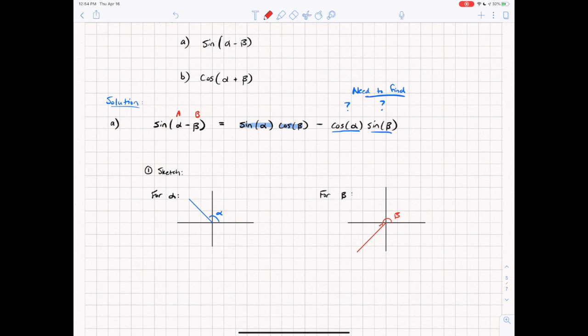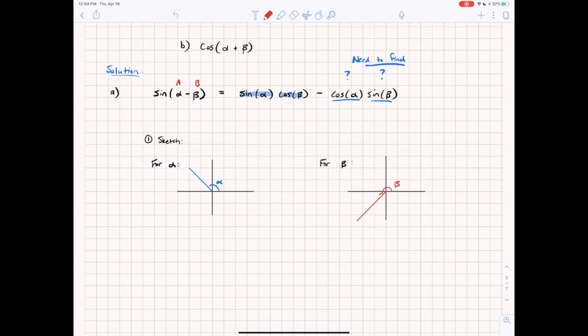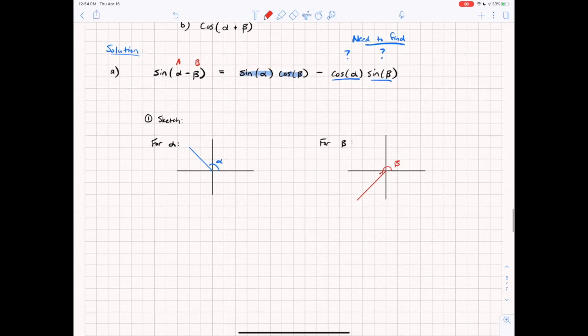Now, the following step is to remember that I can draw and represent these angles using reference triangles, and that the sine and cosine of these angles is the same as the sine and cosine of these reference triangles. So I'm going to take this triangle here and create it by drawing it to the x-axis. And so now I have this right triangle, which I'm going to try to over-exaggerate here.